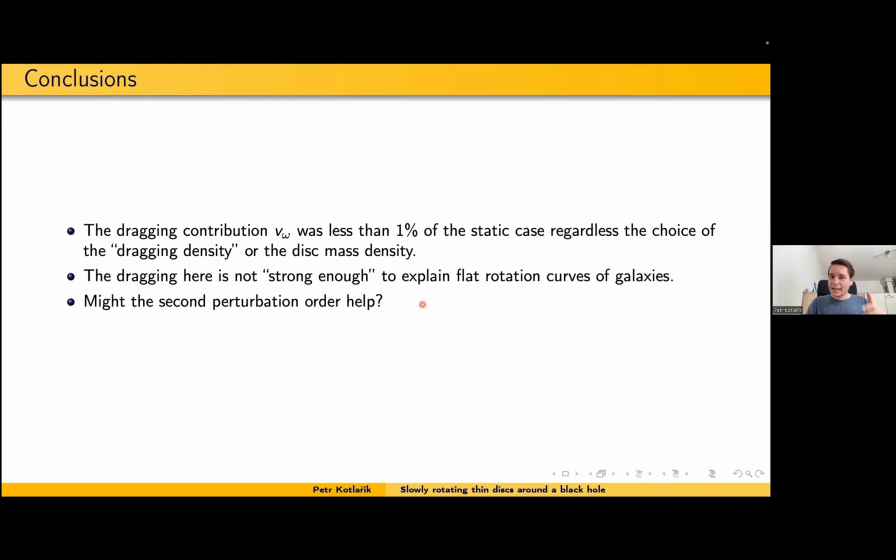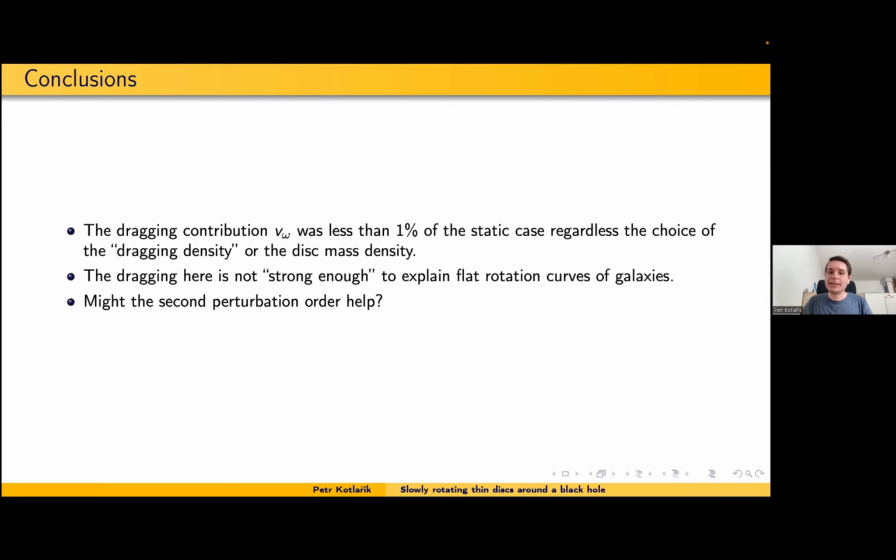And I can pose a rhetorical question whether the second perturbation order might help, because then it would also take into account the full self-gravitation of the rotating disk. But it was very difficult to find the linear perturbation, and it is even more difficult, maybe hopeless, to find the second perturbation.